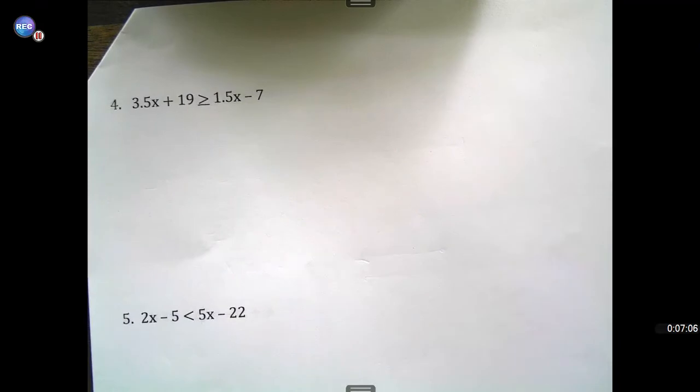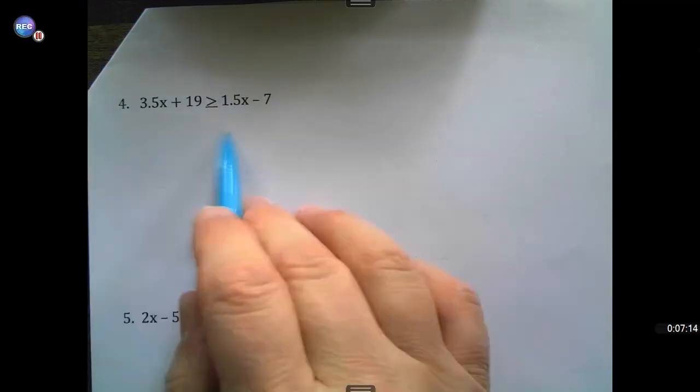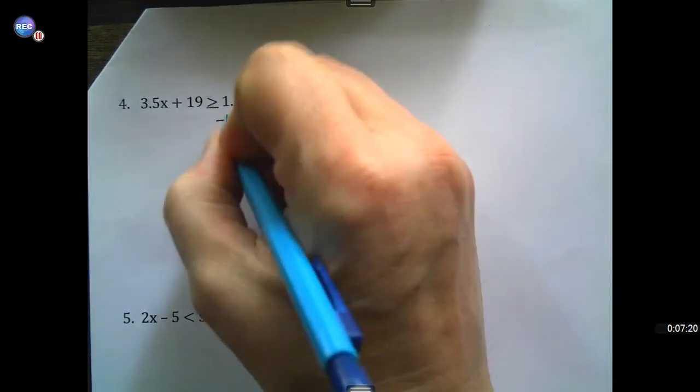And it looks like they want us to have some fun with decimals. Notice that I have x on both sides of the inequality. So what I want to do here is get those together first. Subtract 5x from both sides.